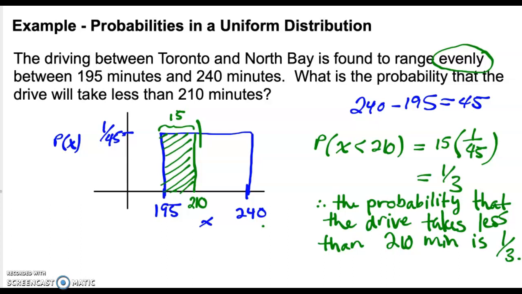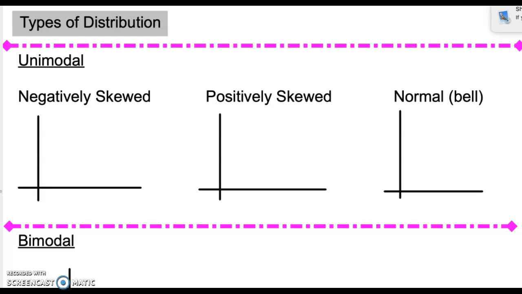The last thing we're going to do today is talk about types of distributions. The first group is unimodal, which means one mode, and really one bump, if you want to think of it that way. Our first type is called negatively skewed.